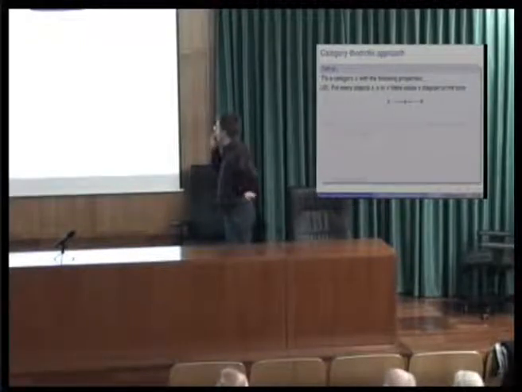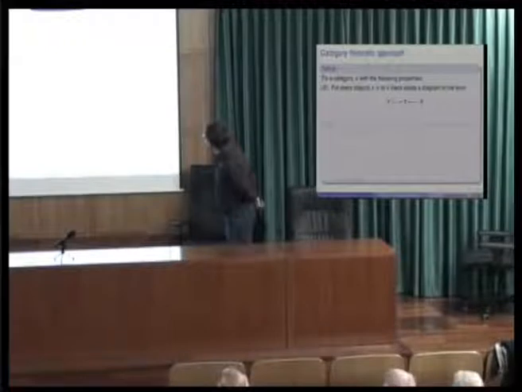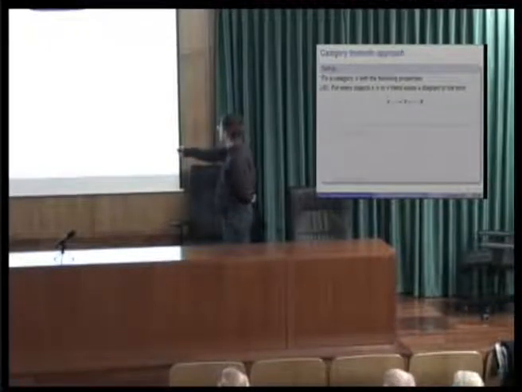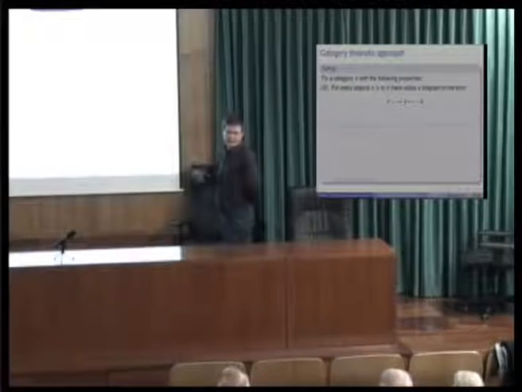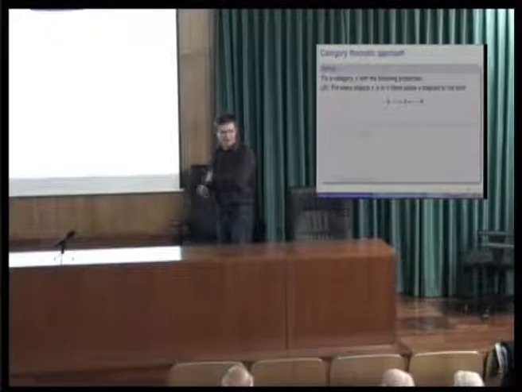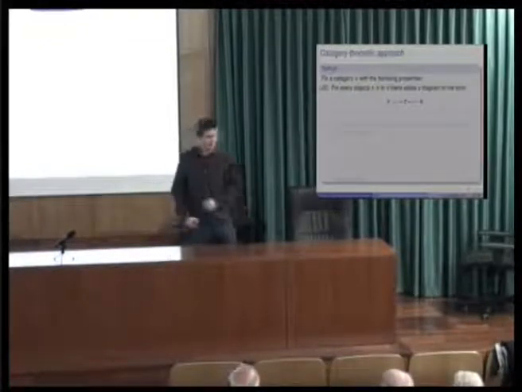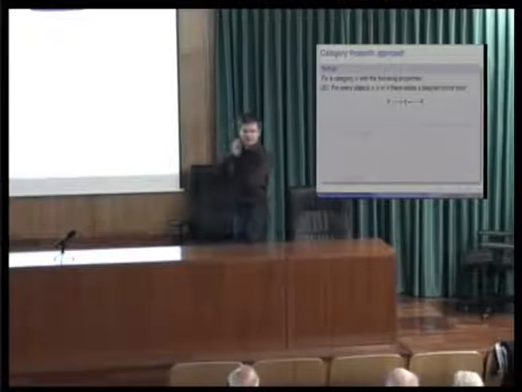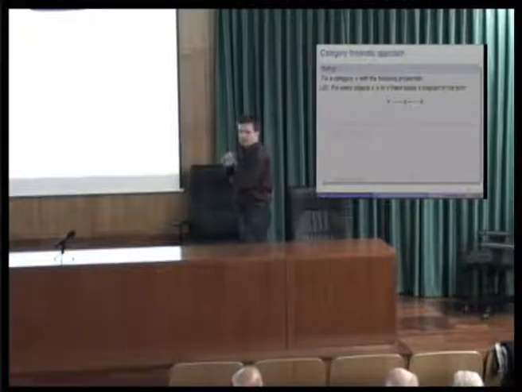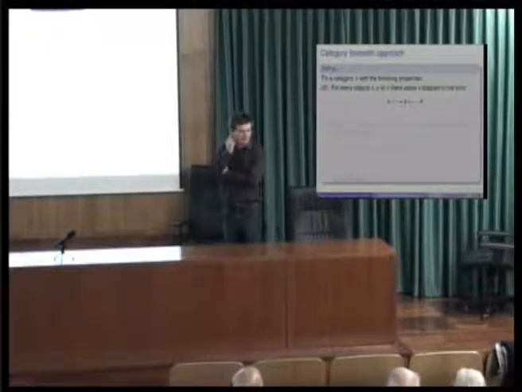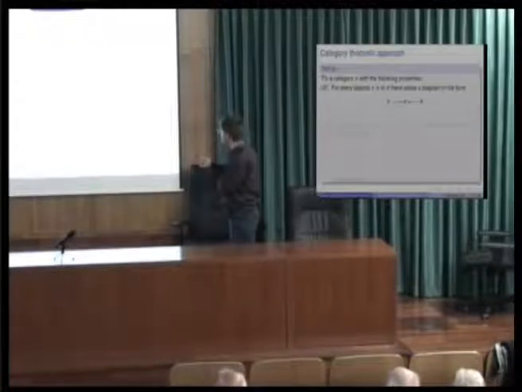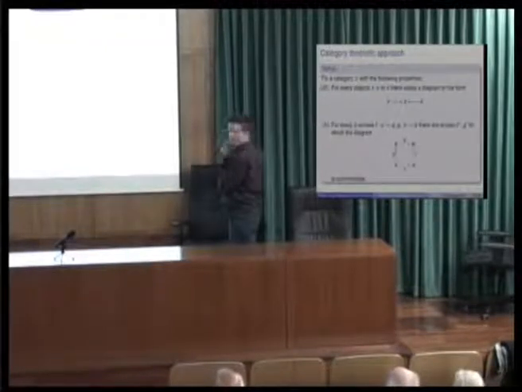So now the properties. We have a category where it would be good to think that all these arrows are some sort of embeddings. Because if you take the category of sets with all possible functions, everything will become trivial and doesn't make too much sense. Now this property means that for every two objects you find something which contains both of them. Now this is what is called amalgamation.